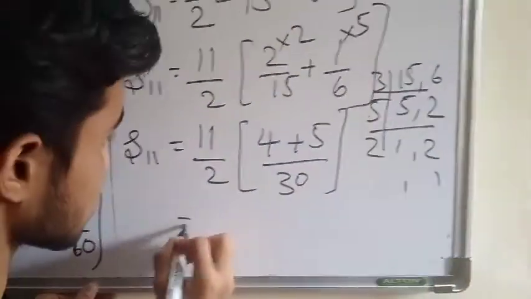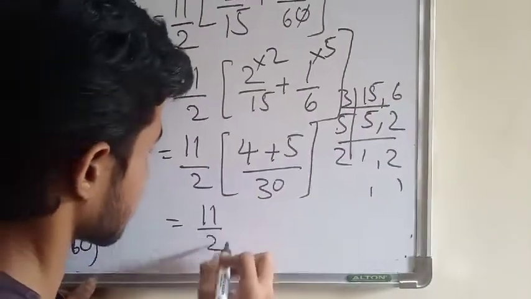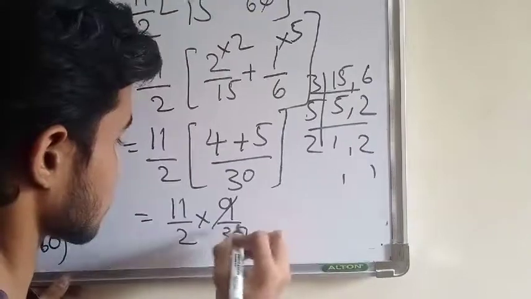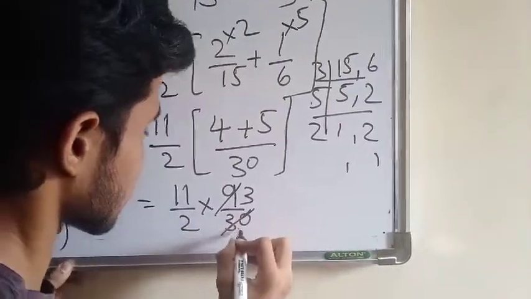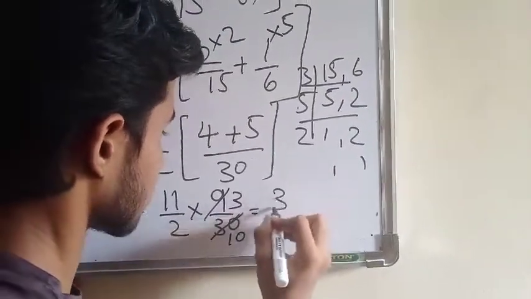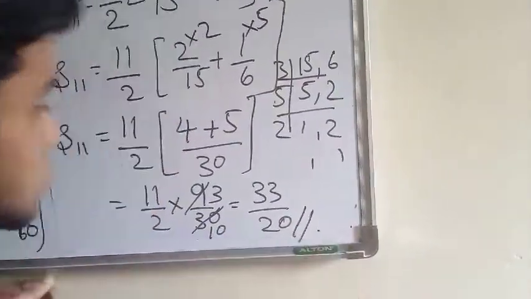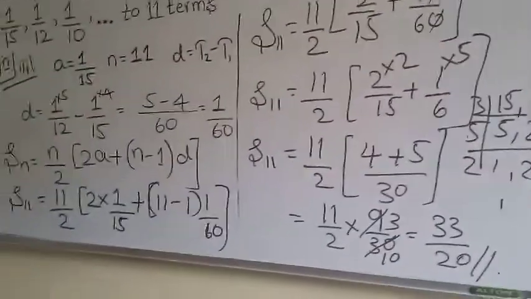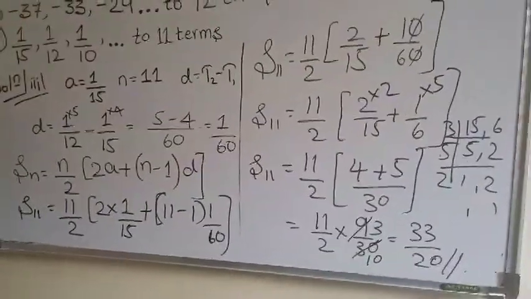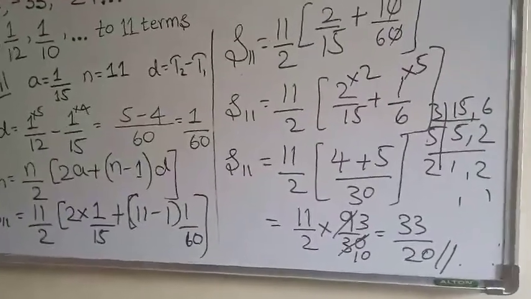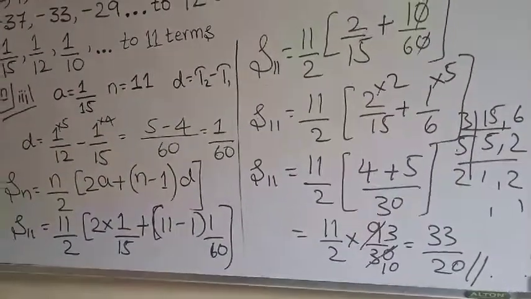That is 11 by 2 into 9 by 30. Cancel there: 9 3s are 3, 3 10s are 30. That is 11 3s are 33 divided by 20, the sum of 11 terms of the AP. The answer is 33 by 20.